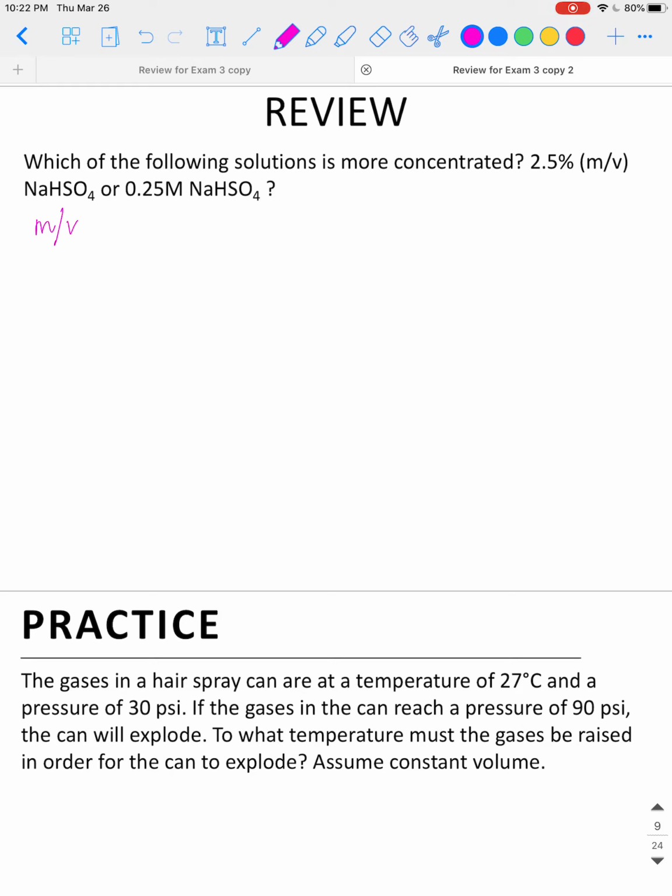Mass volume percent is grams solute per milliliter solution times 100. Molarity is moles of solute per liter of solution.